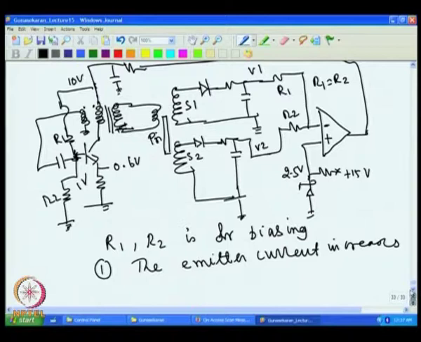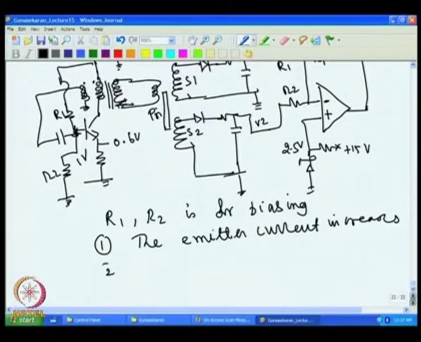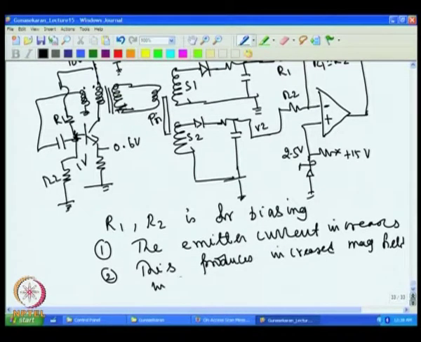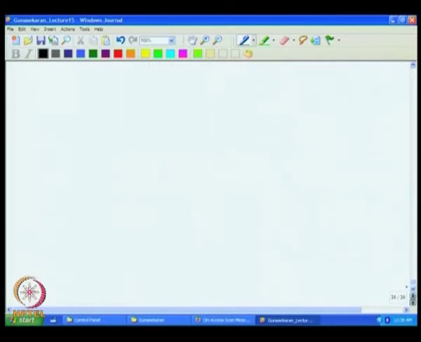Because of that increase in current, this produces an increasing magnetic field in the coil. This induces an increase in the base voltage of the transistor.